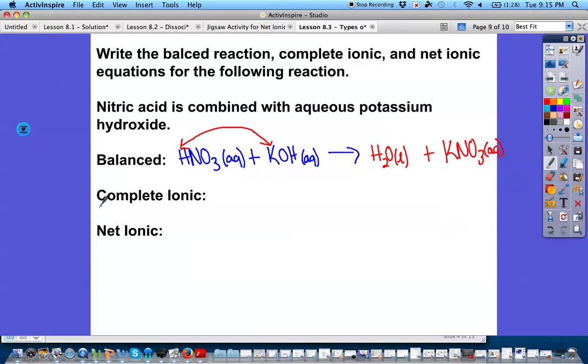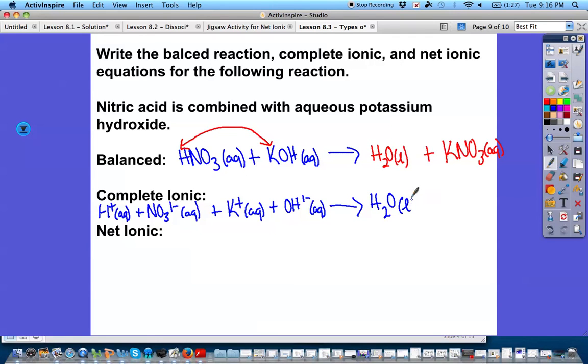Well, from nitric acid, I'm going to get a hydrogen ion, which is going to be aqueous, and a nitrate ion, minus, which is also aqueous, and then potassium hydroxide, so we have potassium and aqueous, and then hydroxide, and then water is going to just be copied down because it's not aqueous, so only the aqueous gets split apart.